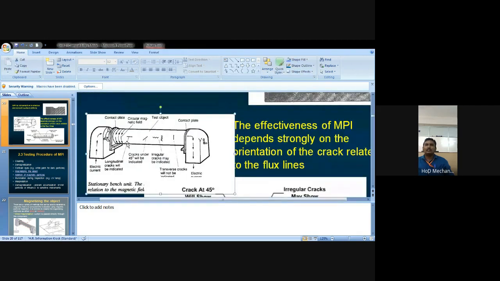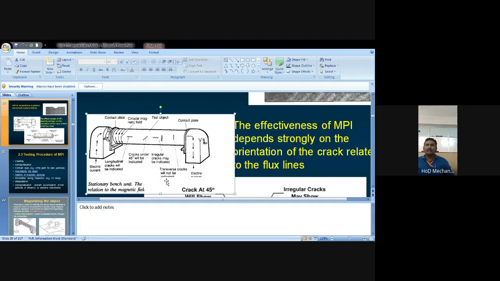See there, it is the contact plate, the stationary bench unit related to the magnetic field. The electric current is passed through the pipeline, so it acts like a permanent magnet, as an electromagnet. Here the testing specimen has some defects or flaws in this pipe and plate.